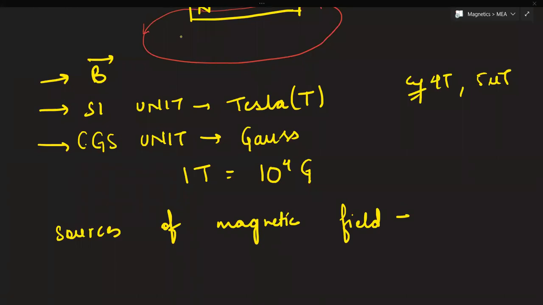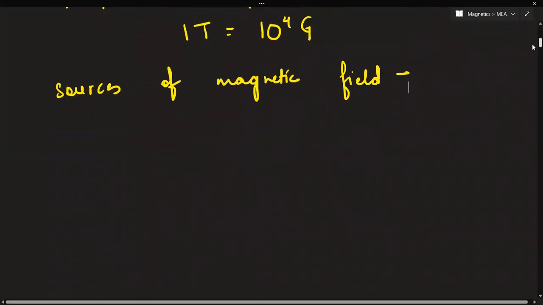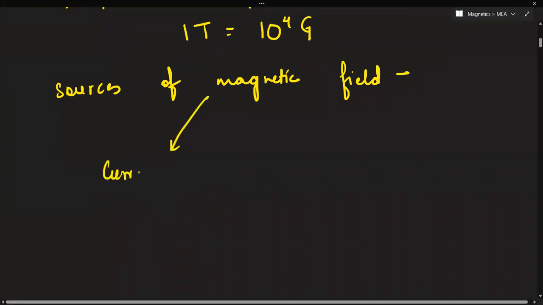See, the mineral iron, hematite, that also produces magnetic field. Apart from it, you have current carrying wire. The current carrying wire also produces it, and we'll see how a current carrying wire produces magnetic field.